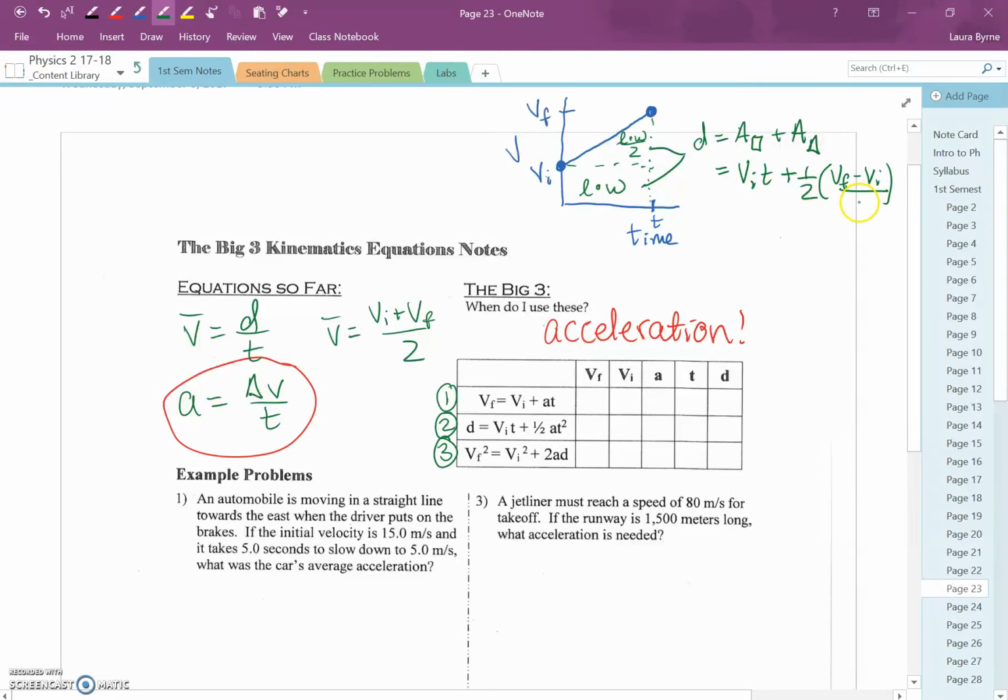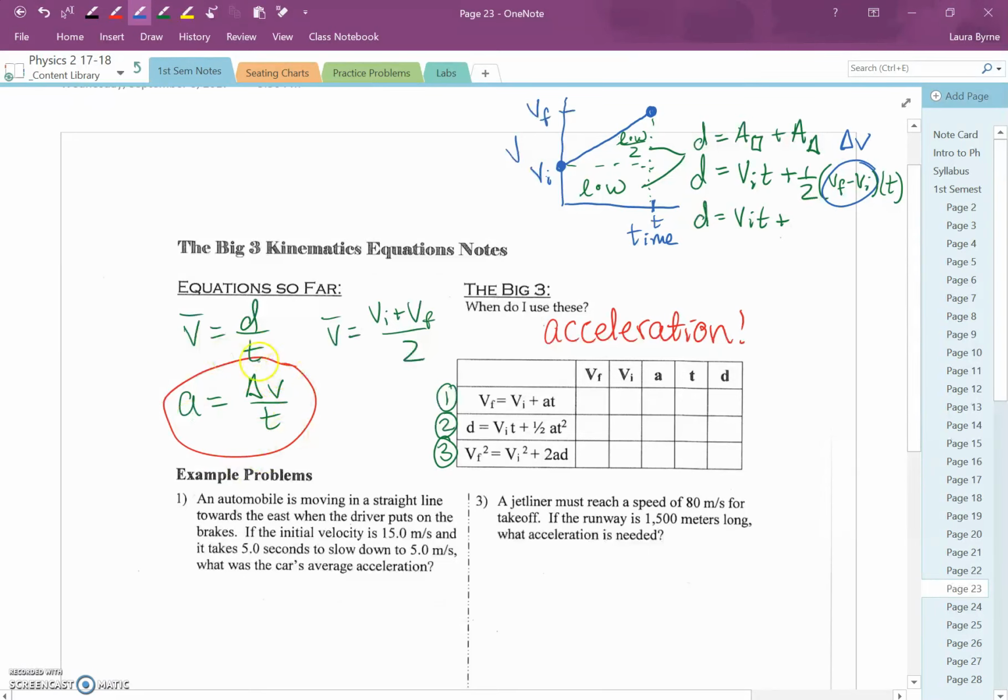Oops, I messed up. So it's actually vf minus vi times t. So if we look closely at this, this is ultimately delta v.